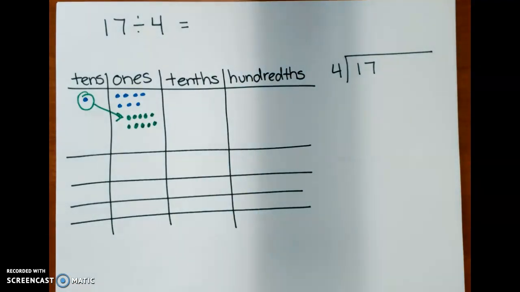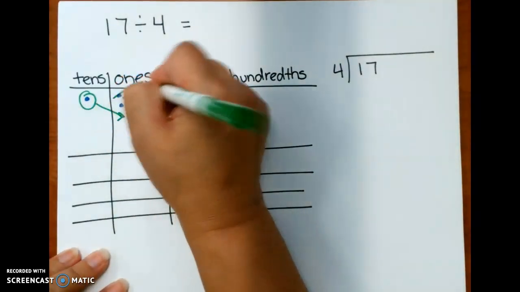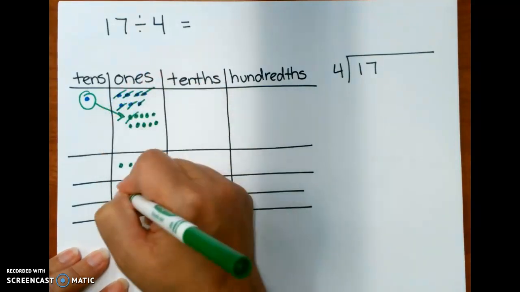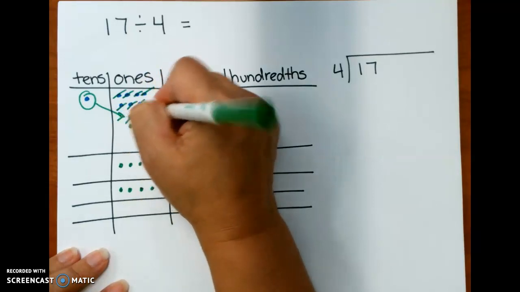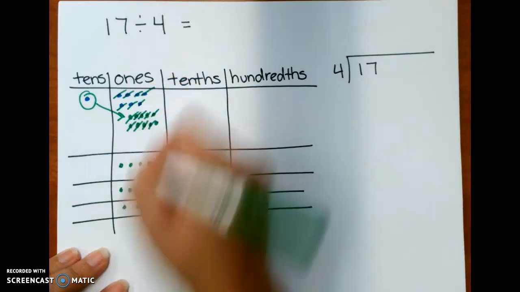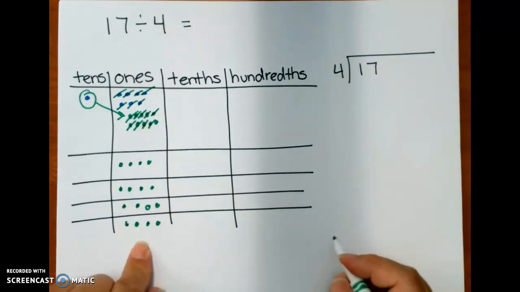Now I've got 17 ones, and I can divide those into 4 equal groups, where I'm going to put 4 in each group. And you better be doing this with me. Okay, so I have 4 in each group.